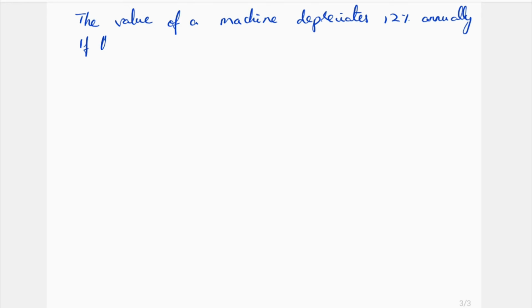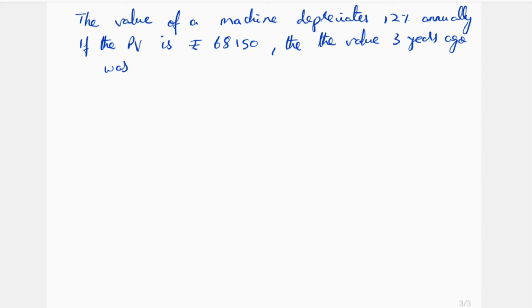If the present value is rupees 68,150, then the value 3 years ago was what?